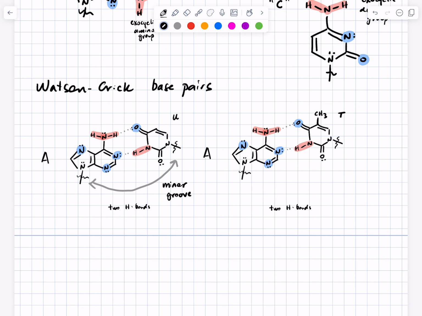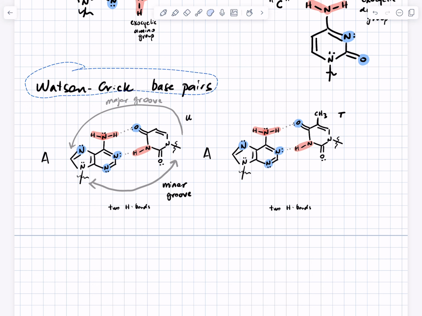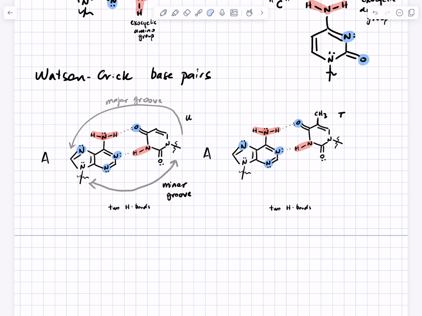And so the other side, from here to here, whoops, I didn't mean to use that kind of arrow. From here to here is the major groove. And I'll show you a structure of double-stranded DNA so that you can get an idea. But if we were looking at double-stranded base pairs in double-stranded oligonucleotides, that's where the major and the minor grooves would be.